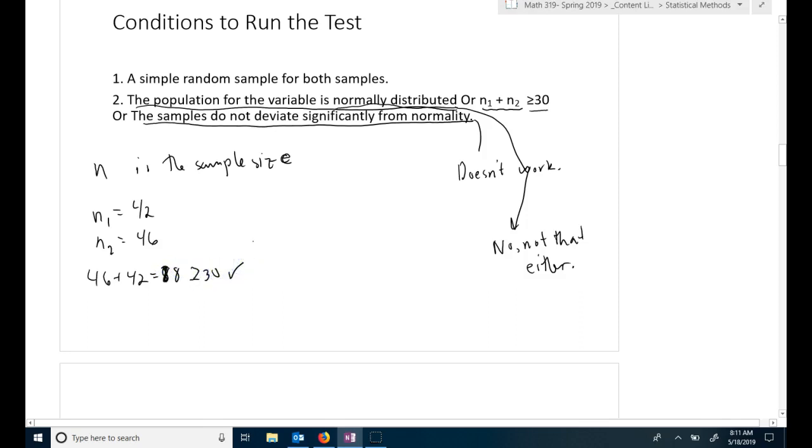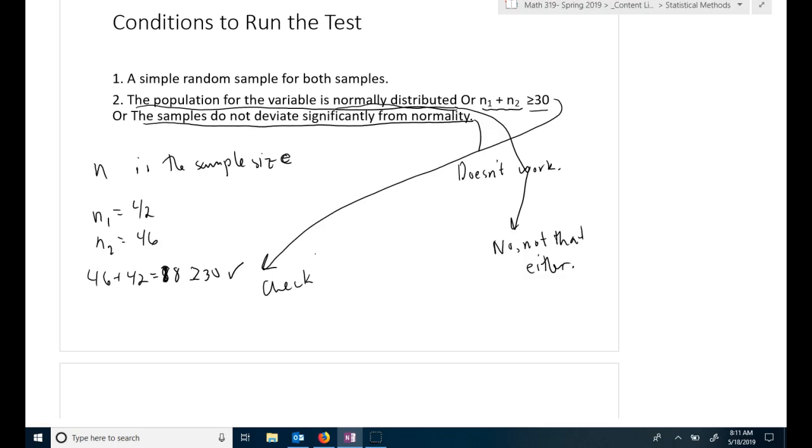So check, that works. All right, so you've got three places that you can check actually to determine whether or not a data set can be used in order to run a particular test.